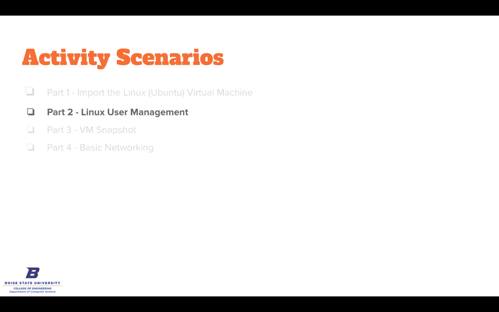Okay. All right, so after you complete part 1 and you get your virtual machine up and running, you're going to go to part 2, which is Linux user management. So you're just going to add new users to this existing operating system just to give you experience using add user utilities. After that, you're going to take what's called a snapshot of your virtual machine.